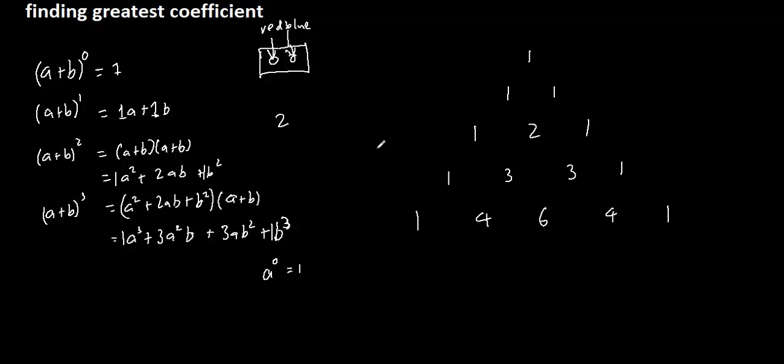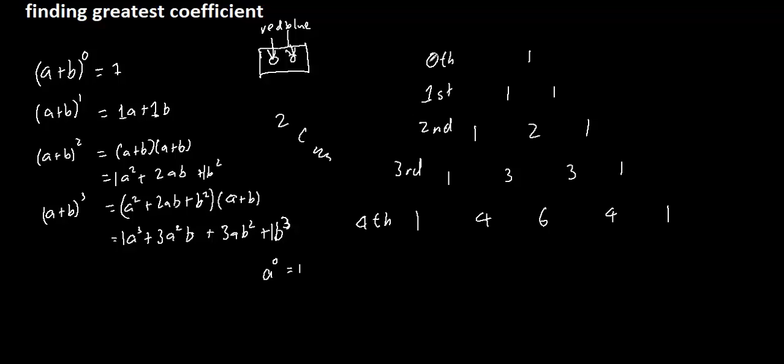I'm so sorry. But anyway, the special thing about this triangle is that each of the numbers of terms follows a specific pattern. If I write this in terms of this C thingo, and apply the position, imagine I call this the 0th row because the power is 0, then the first row, second, third, fourth, and so on.